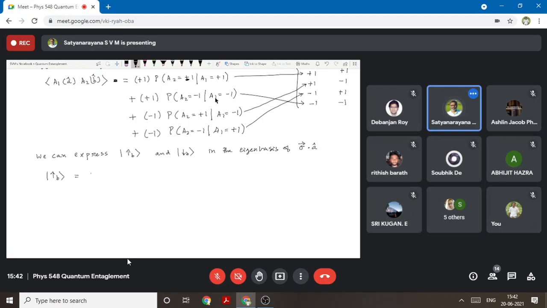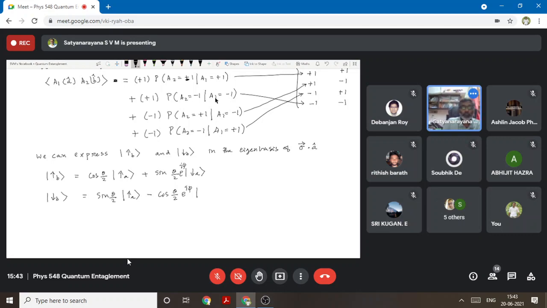Up B can be written as cos theta by 2 up A plus sin theta by 2, where theta is the angle between A and B, into down A. And down B is equal to sin theta by 2 up A minus cos theta by 2 down A, of course with an e to the power i phi to be more general.